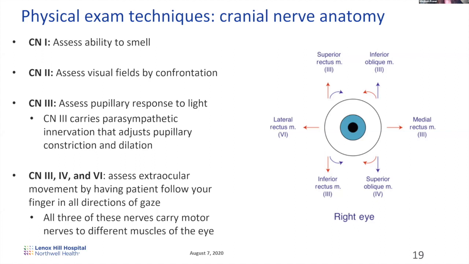And this is what this diagram on the right is showing. It's showing you which direction each nerve innervates in terms of the muscle movement. So the best way to test this is to just move your finger or an object in front of the patient and ask them to follow it. If one eye doesn't follow your finger when you're moving it in front of them in a certain direction, it's damage to that specific cranial nerve. So that's a pretty easy one to test as well.